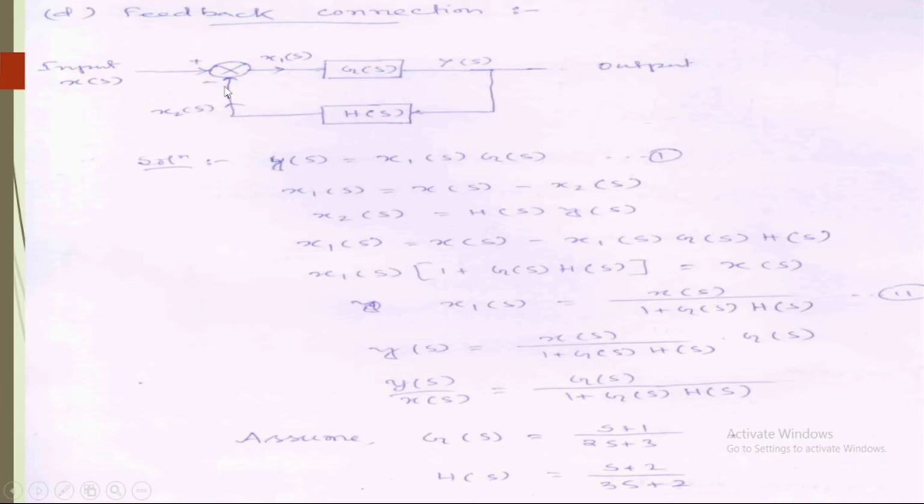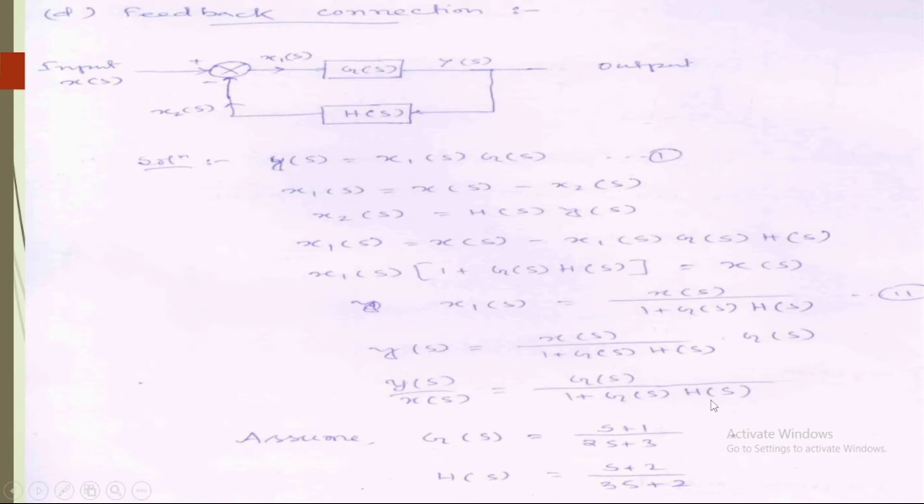This one is for negative feedback. For positive feedback, we get G of s upon 1 minus G of s into H of s.